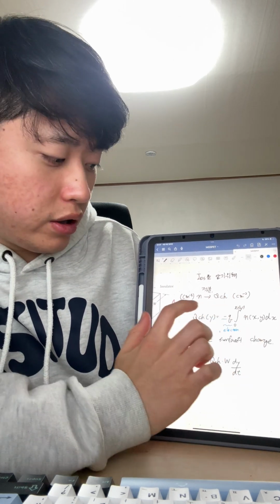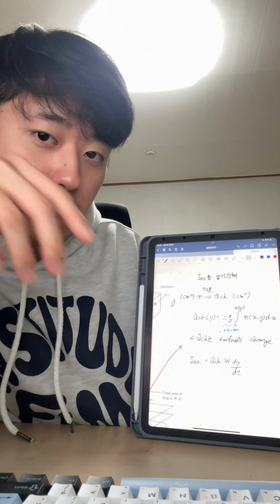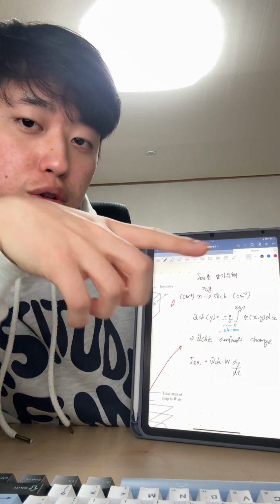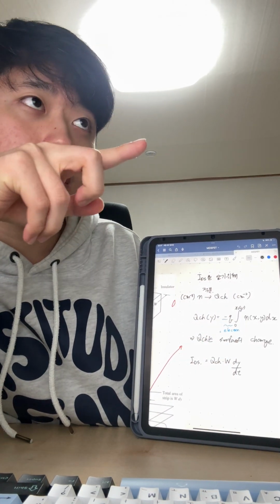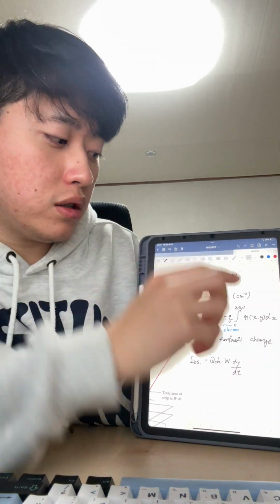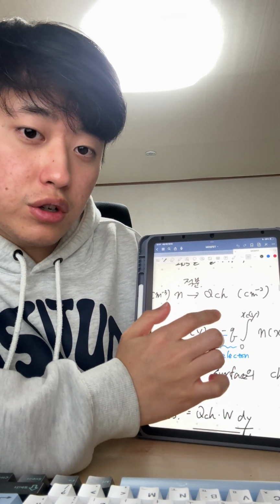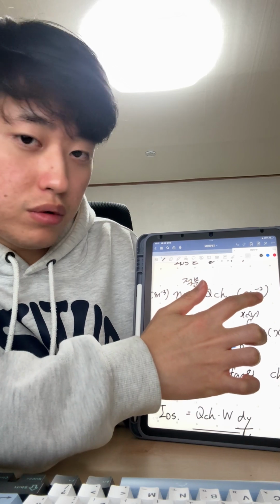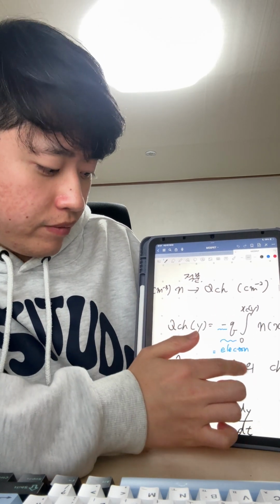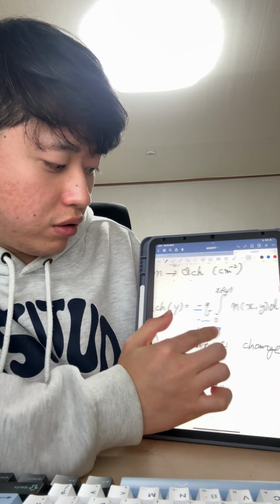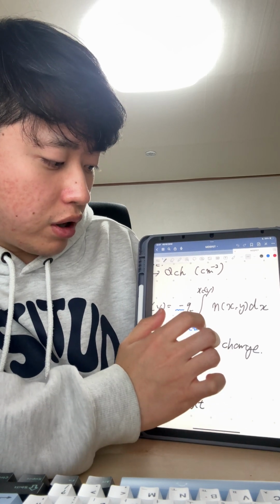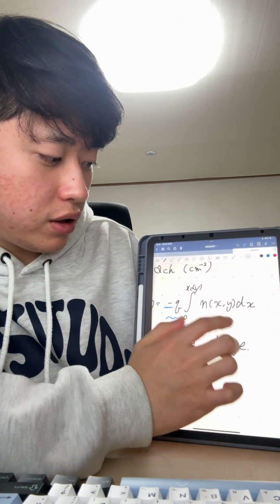This is area, this is cubic. So per cubic integrated to per area. So Q channel is minus q integrated n dx, x and y.